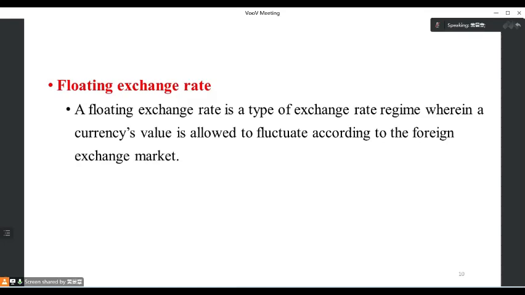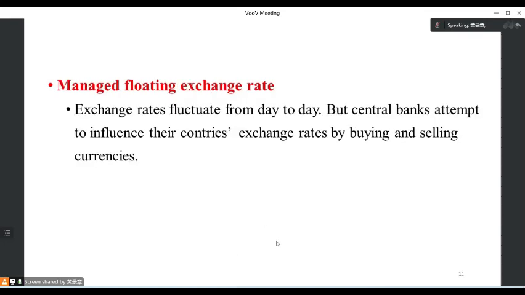It means the ratio between two currencies can be changed by the condition of the foreign exchange market. And it is the floating exchange rate.